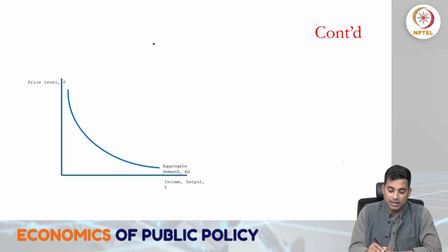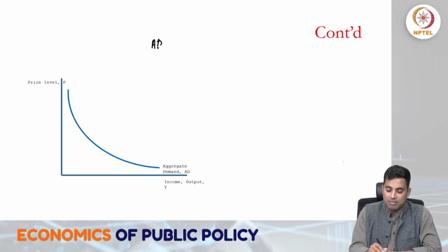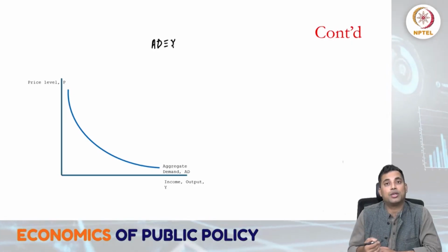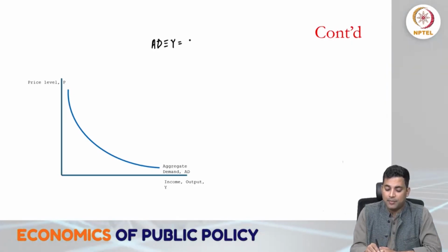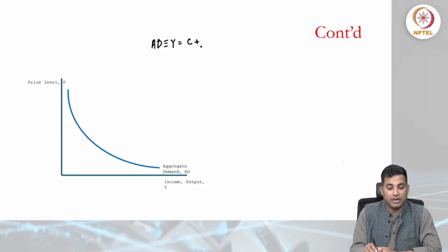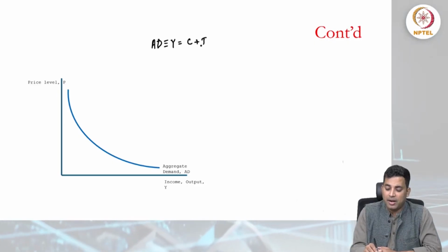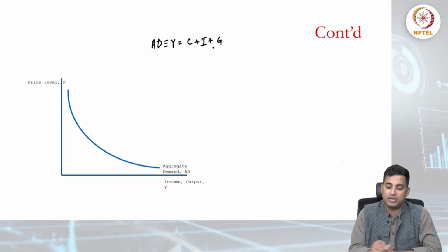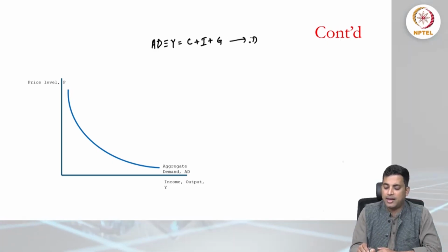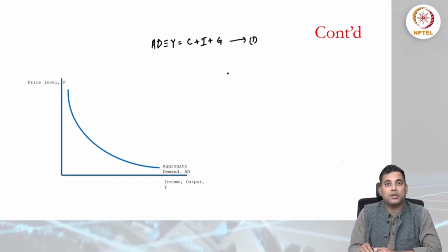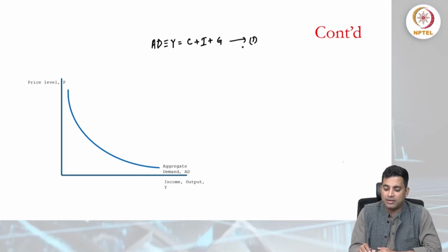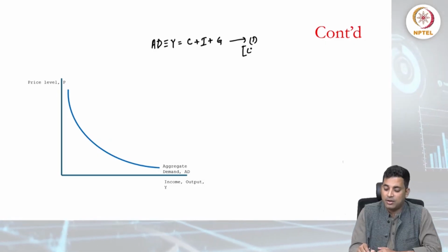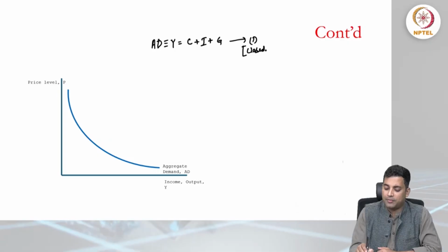I'll write it once again: aggregate demand, which is equivalent to total output Y, equals C, total consumption expenditure, plus I, investment expenditure, plus G, government expenditure. We can call this equation 1, and it is for the closed economy.